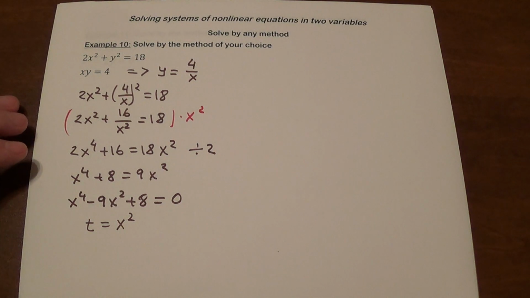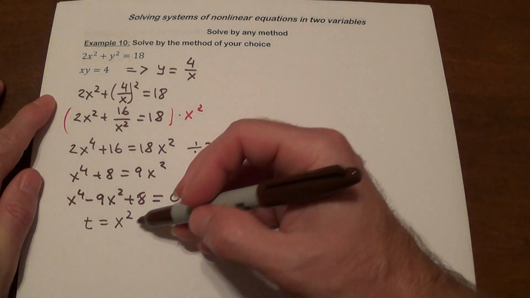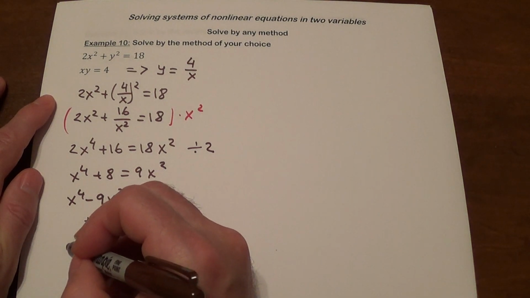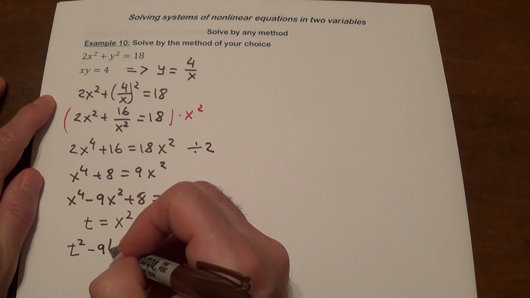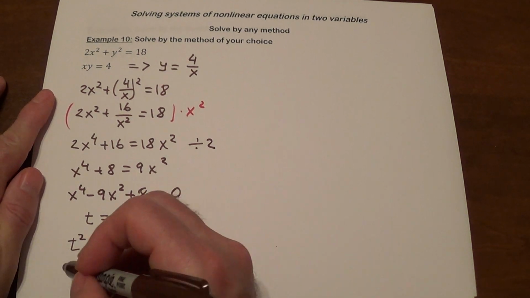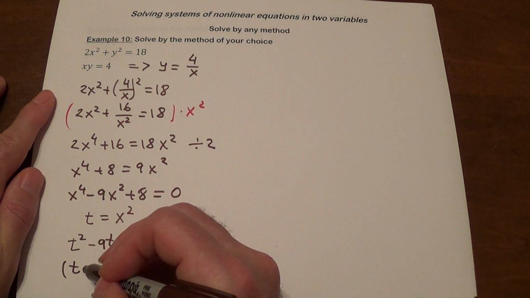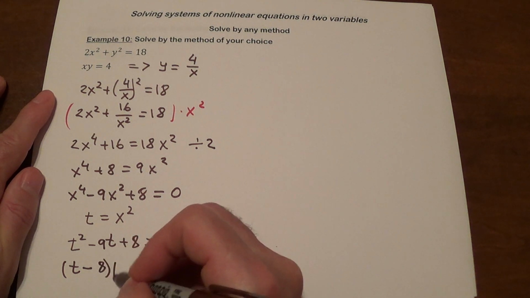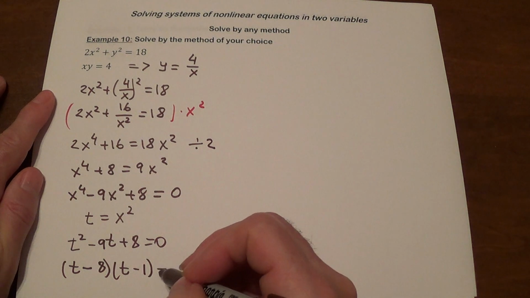So I will be able to rewrite this equation in quadratic form, because now it's t squared minus 9t plus 8 equals 0. And I can solve this one by factoring. It's going to give me (t minus 8) times (t minus 1) equals 0.